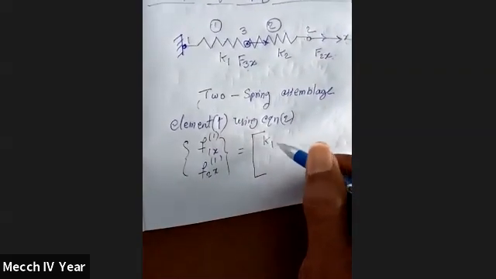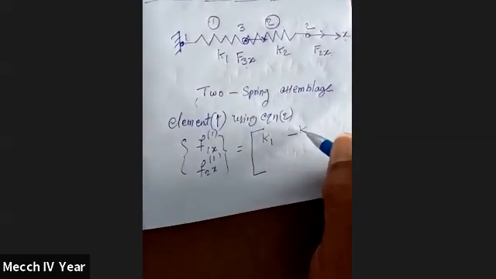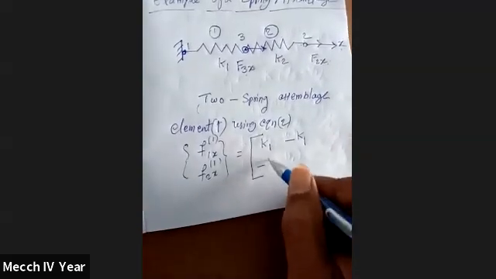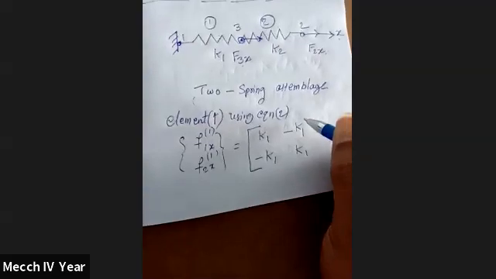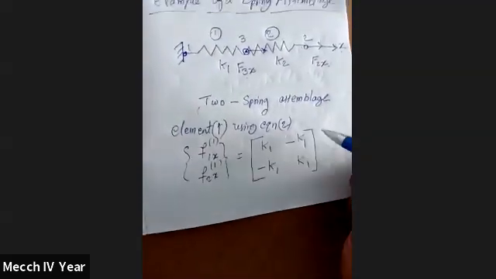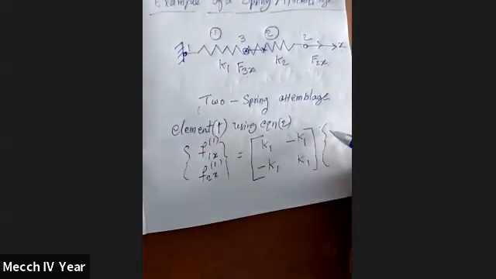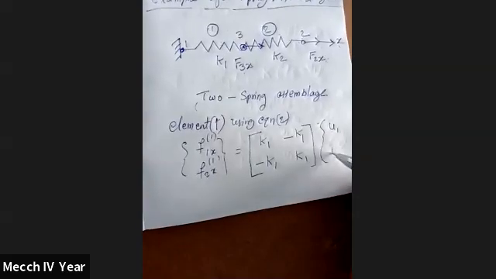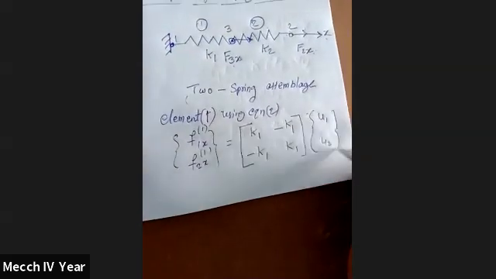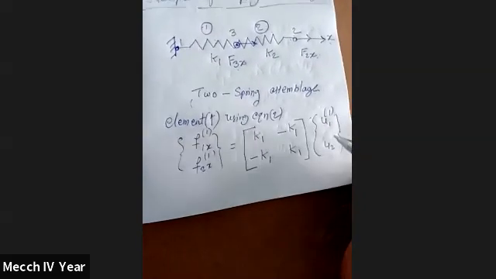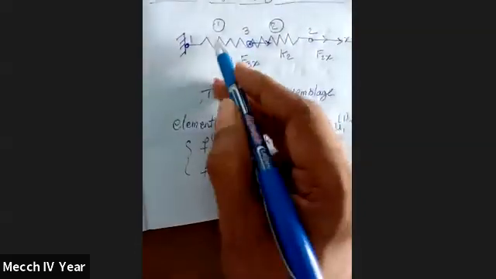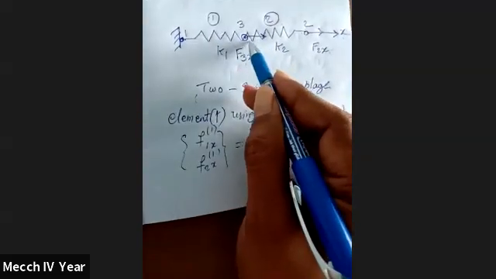First element you can take k1, minus k1, minus k1, k1. And then now here is u1 and u2. What is the element here? That is called 1.